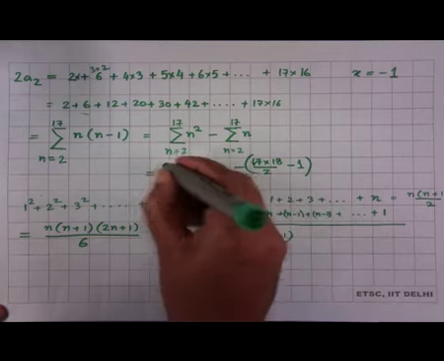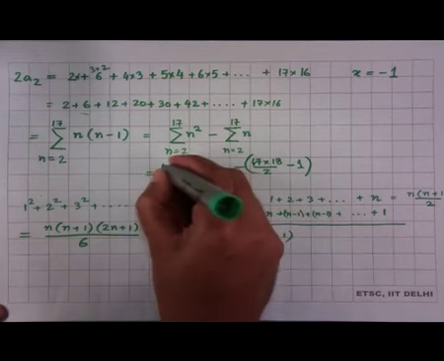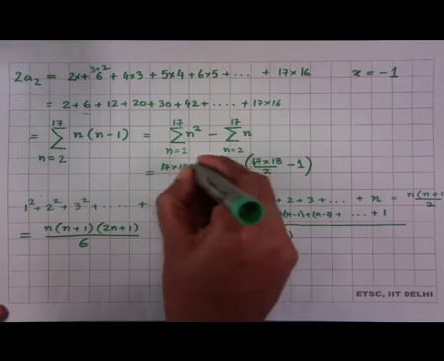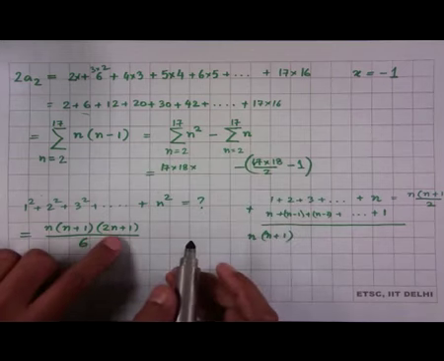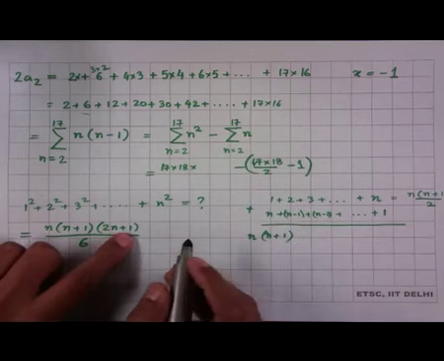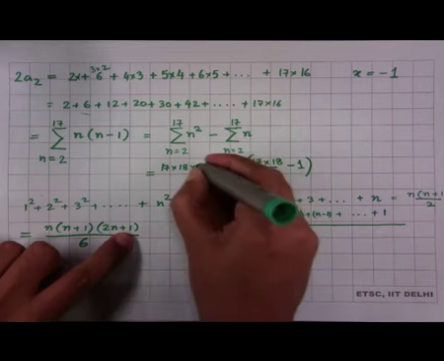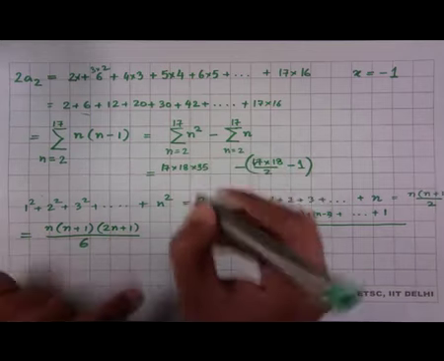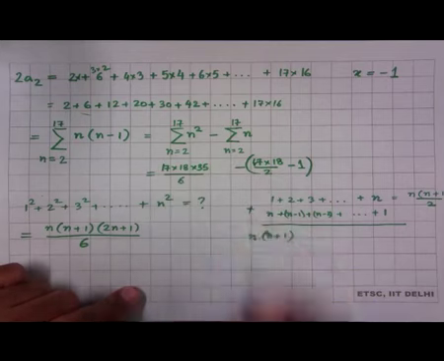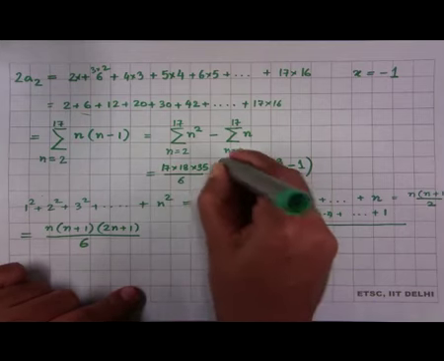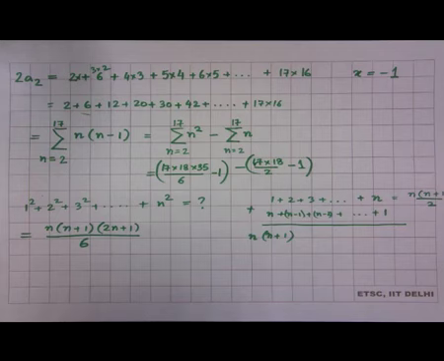So, our result is going to be 17 into 18 into 2 into (17 plus 1), 2 into 17 is 34, so 35 by 6, minus 1, and the minus 1s will go away.